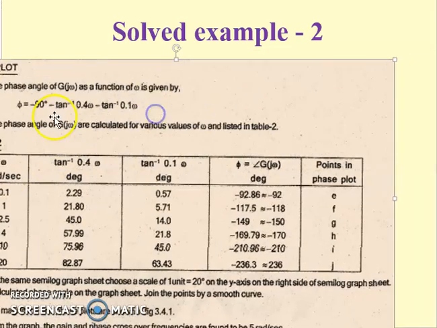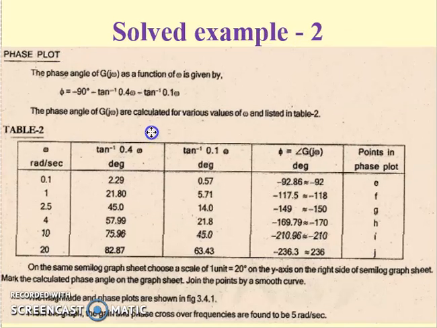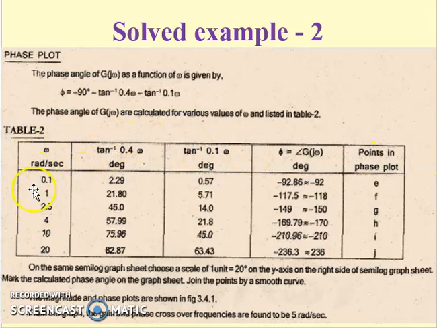So that is the expression written here: phi is equal to minus 90 degrees minus tan inverse 0.4 omega minus tan inverse 0.1 omega. The phase angle is found for various frequencies and we are taking the points as E, F, G, H, I, J. These are again plotted using the same semi-log sheet, and we are going to join the points by a smooth curve or a freehand drawing.